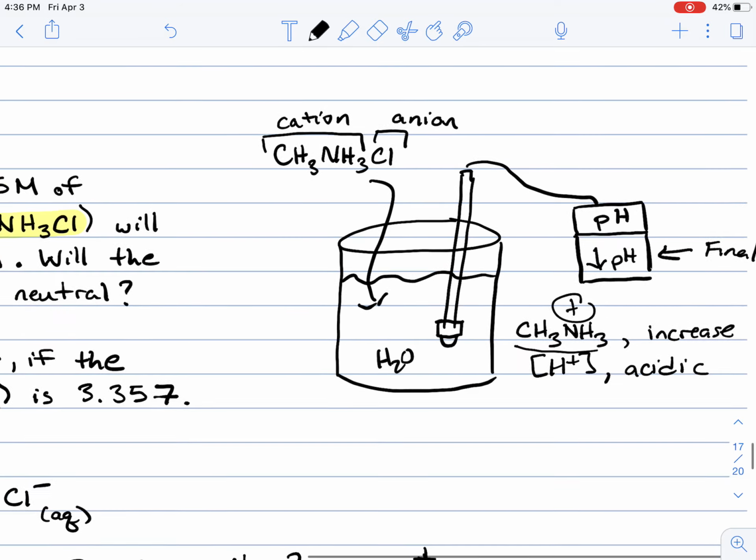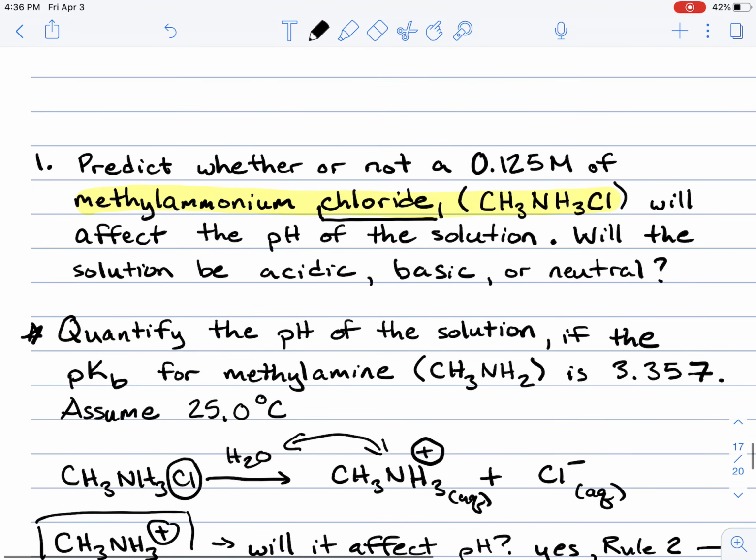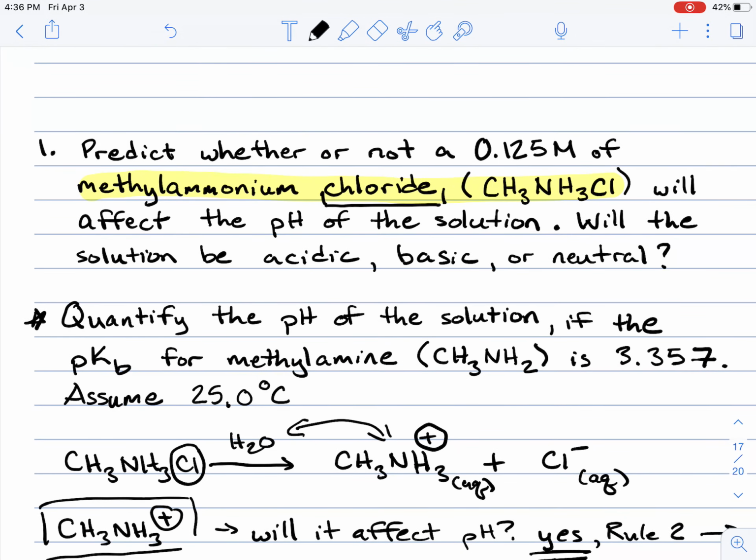Looking back at our original question, predict whether or not it's going to affect the pH of the solution: the answer is yes, it will affect the pH of the solution, and the solution will be more acidic.